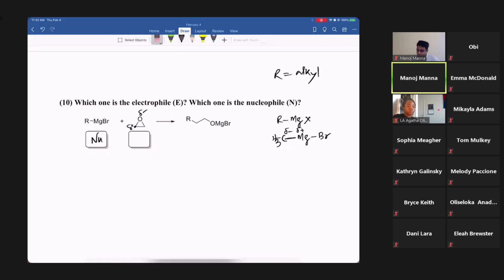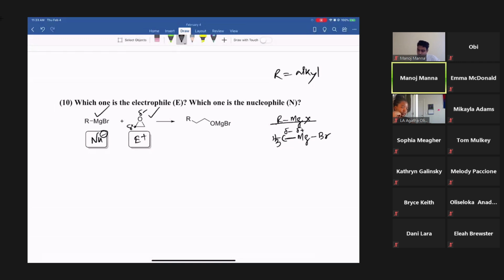So this is called epoxide, and this will be your E plus. So that means you understand that whenever you have RMgX, that's the general formula. R can be an alkyl group and X will be chlorine, bromine, or iodine. Based on that, we can figure out why this one is a nucleophile and why this one is an electrophile.